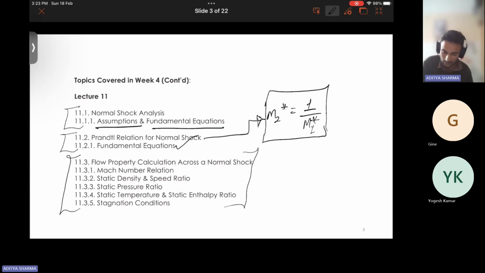So different topics have been discussed. The first one is the Mach number relation across a normal shock.